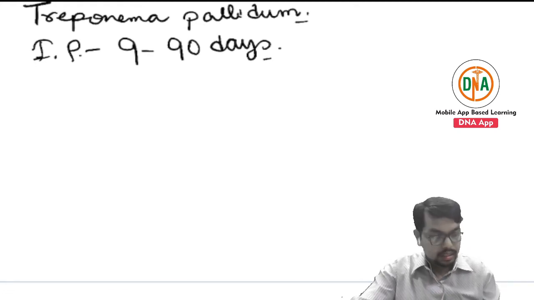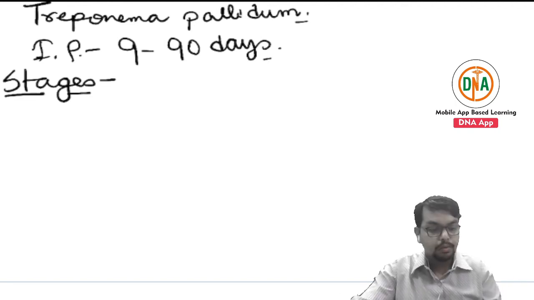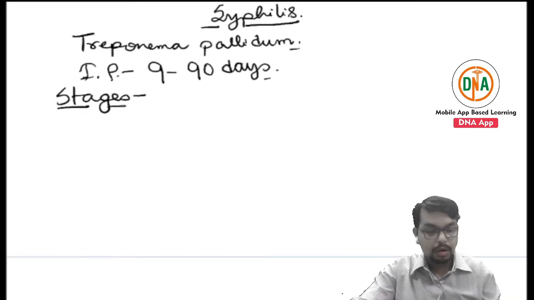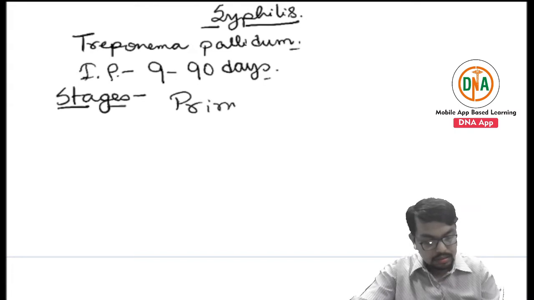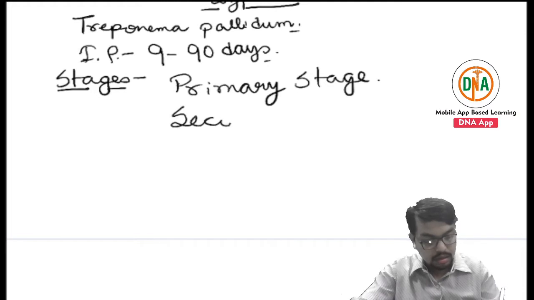What are the stages of syphilis? After someone gets infected by the bacteria Treponema pallidum, there will be a genital ulcer. That is the primary stage. After that, the ulcer gets healed and there will be appearance of some other skin lesions, that is the secondary stage.